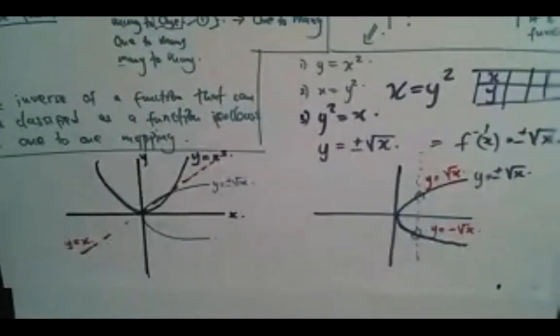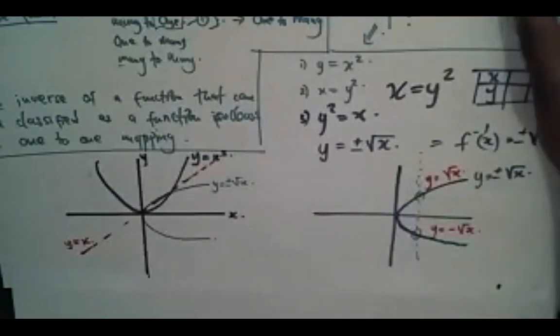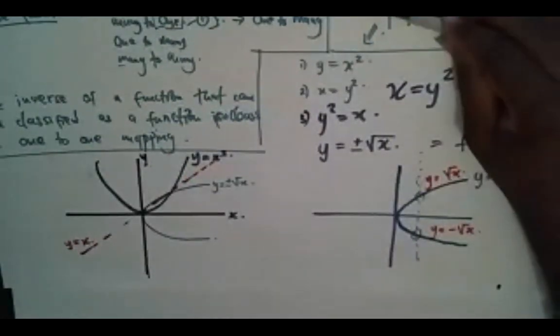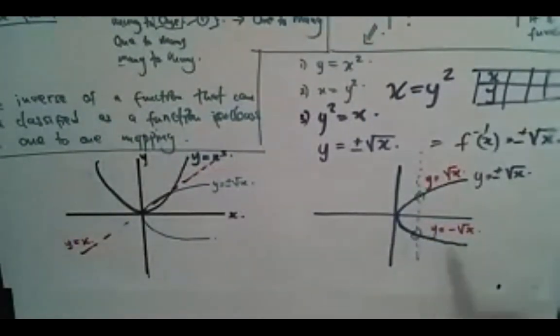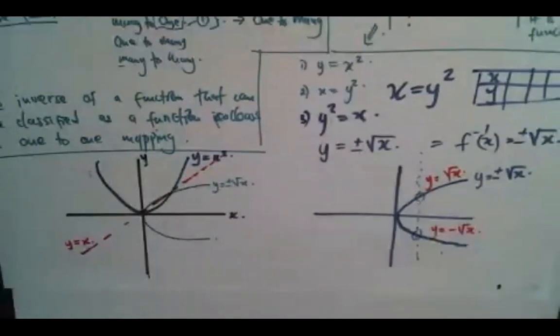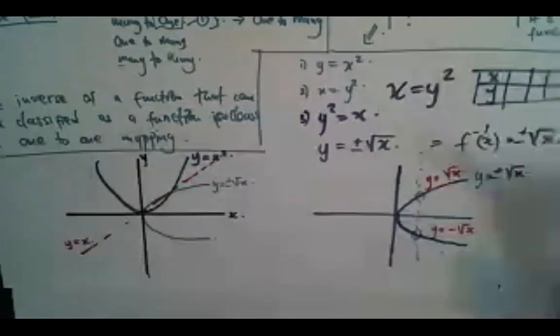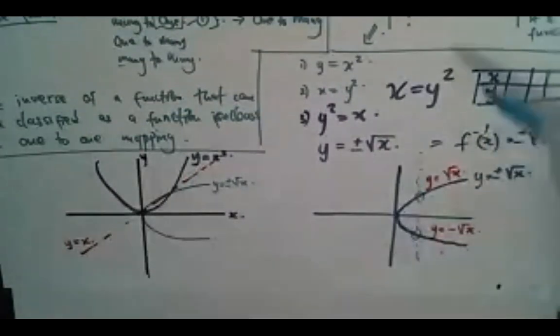So though the original function satisfies all the conditions of being a function, this one, which is the inverse, does not. So it means the inverse of a parabola, or the inverse of a quadratic expression, is not a function itself.